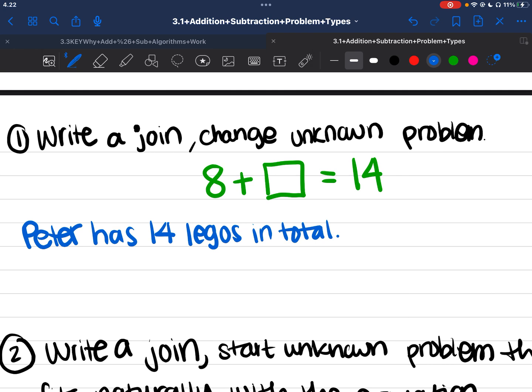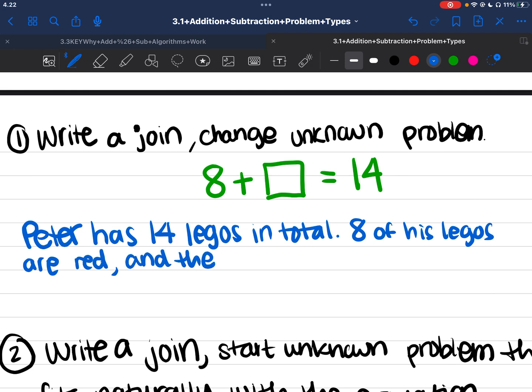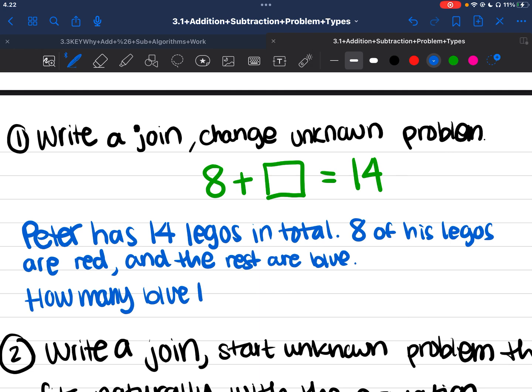And 8 of his Legos are red, and the rest are blue. How many blue Legos does Peter have?